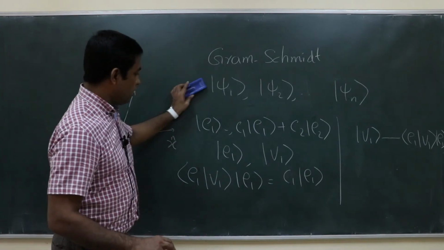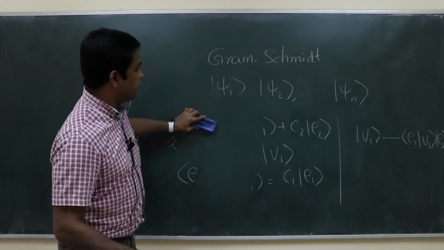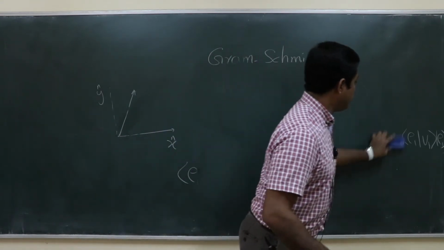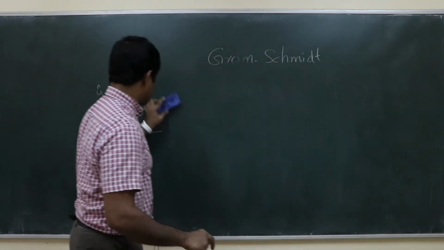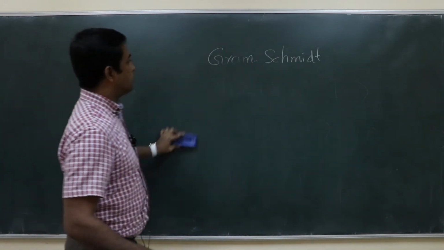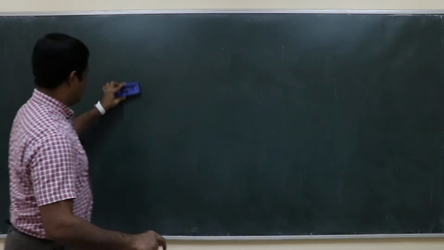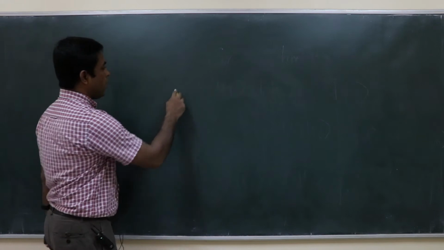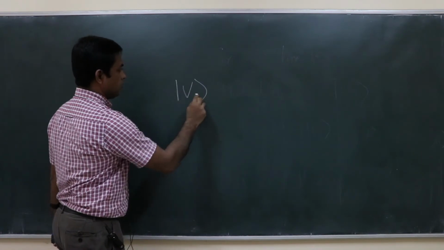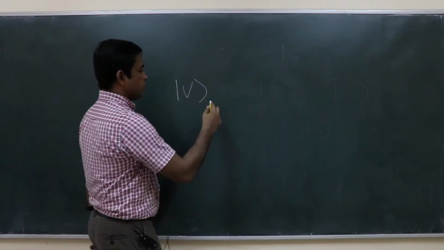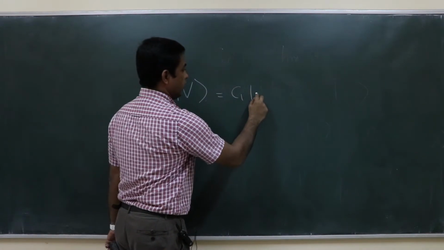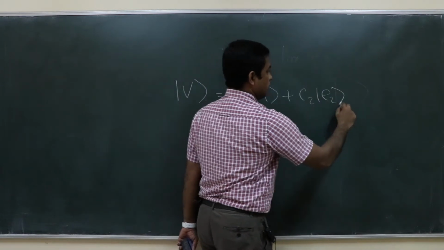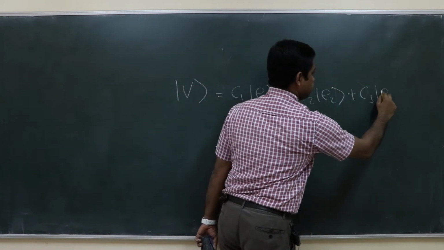So to generalize this to a general set of vectors, I just want to describe something else to understand this one a little more clearly. You have ket V. So suppose this is equal to C1 E1 plus C2 E2 plus C3 E3.